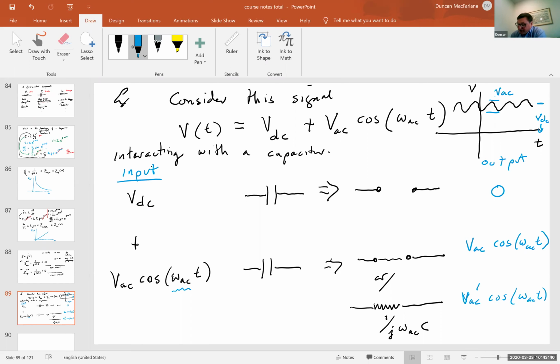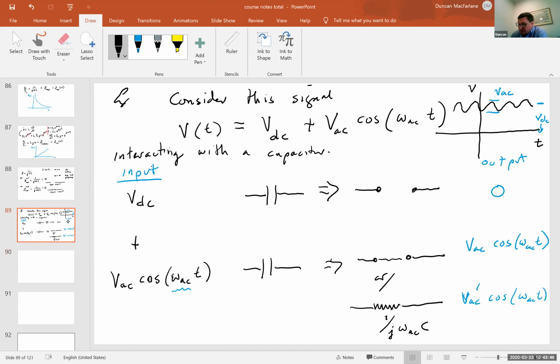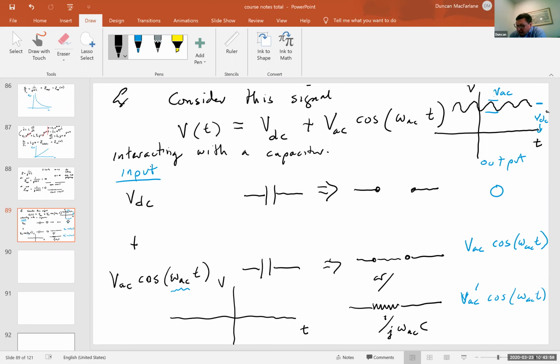But if I have to sketch the output, V as a function of time, then this component here goes away, and all I'm left with is a signal that oscillates around the axis.